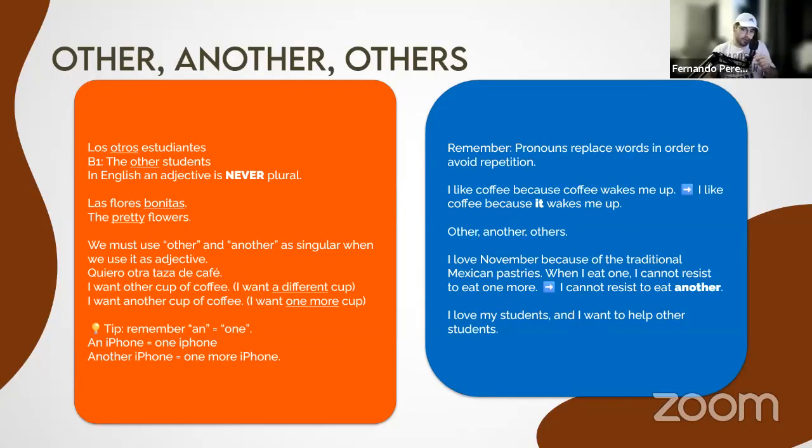For this reason, we need to use the word others with an S because it's plural. I want to help others. Others what?